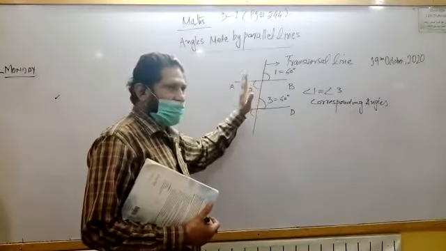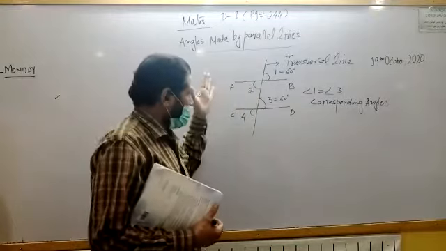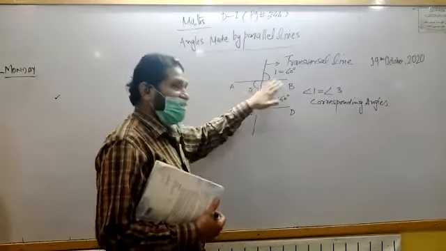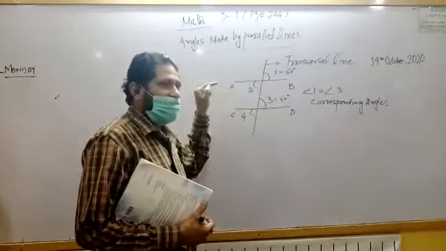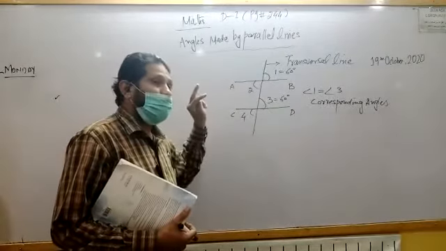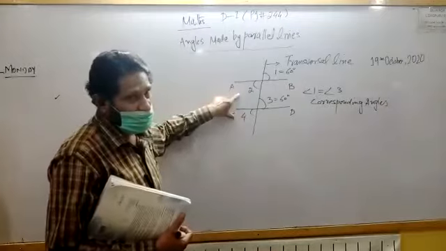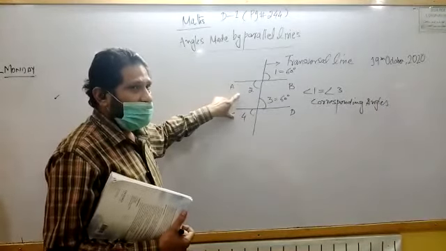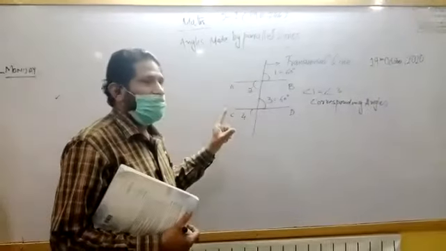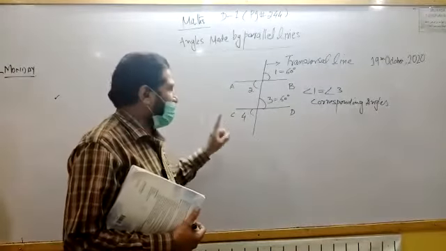Although these are on the reverse position of angles 1 and 3, still they are holding the same position. If two angles hold the same position and same direction, they are called corresponding angles.